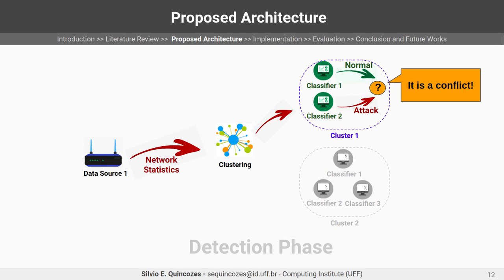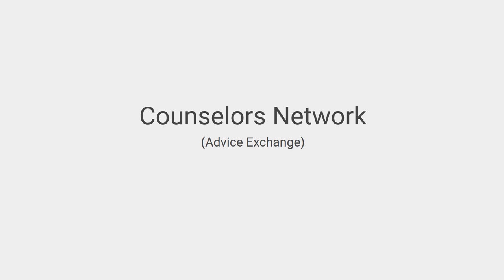However, if two or more good classifiers present different or conflicting decisions, we have a conflict case. Previous work cannot solve this case of conflict, so we are proposing a counselors network for enabling the exchange of advice between multiple detectors in order to solve this kind of conflicting situation.